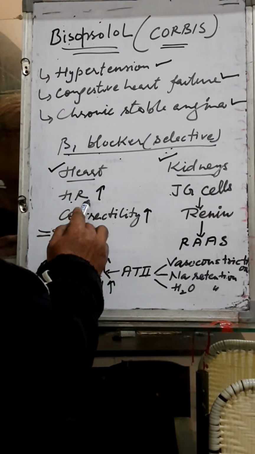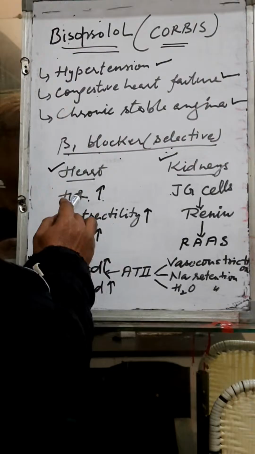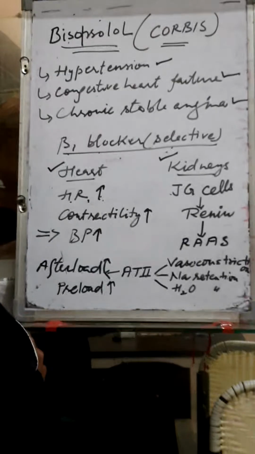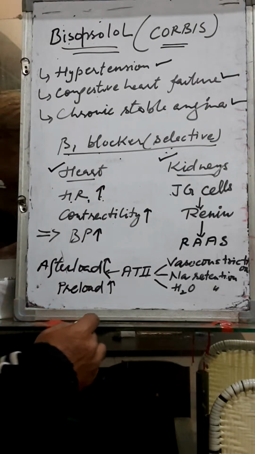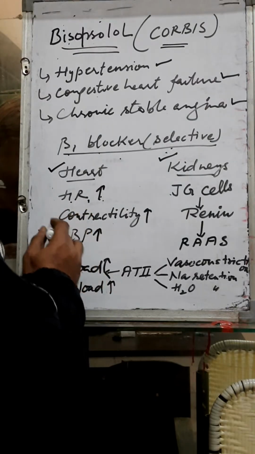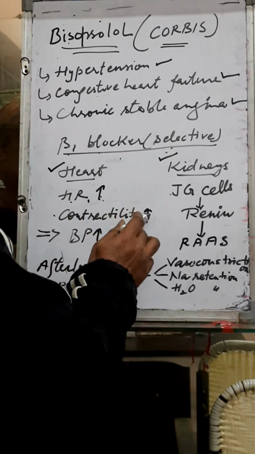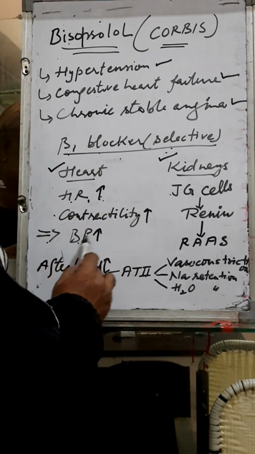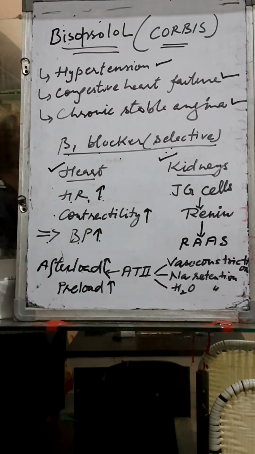There is positive chronotropic action, so the heart rate increases. Also, there is positive inotropic action, so the contractility also increases and the blood pressure is enhanced. This is the normal action of beta 1 receptors when they are stimulated.